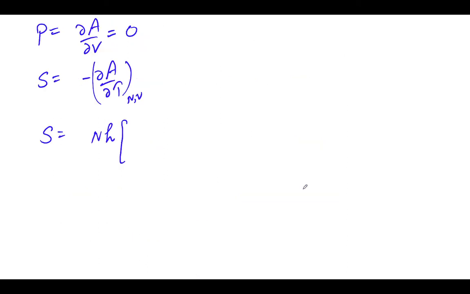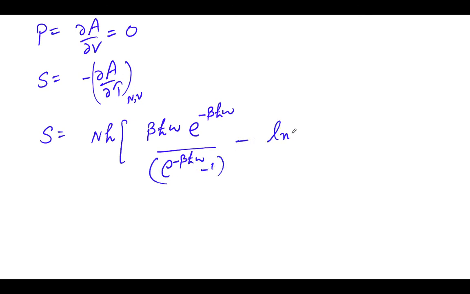When we solve it, it comes out to be equal to nk [beta h bar omega exponential of minus beta h bar omega over exponential of minus beta h bar omega minus 1 minus log of 1 minus exponential of minus beta h bar omega].